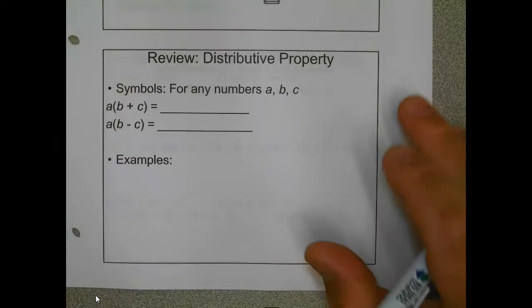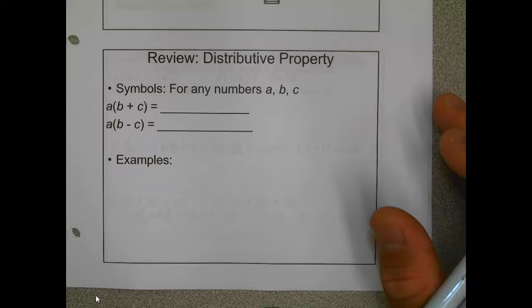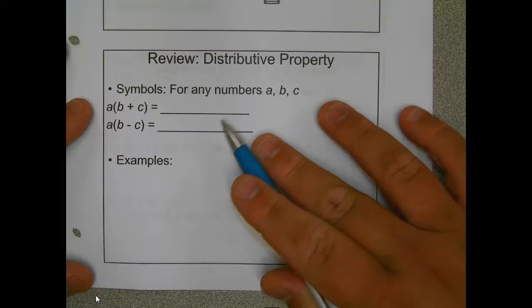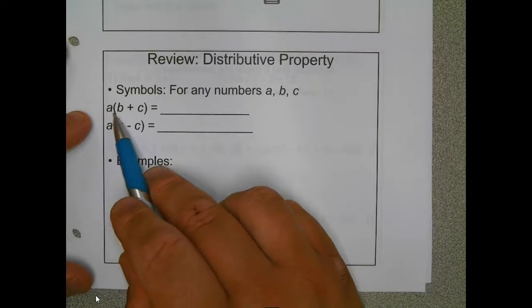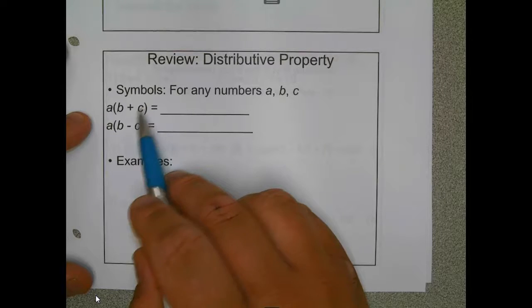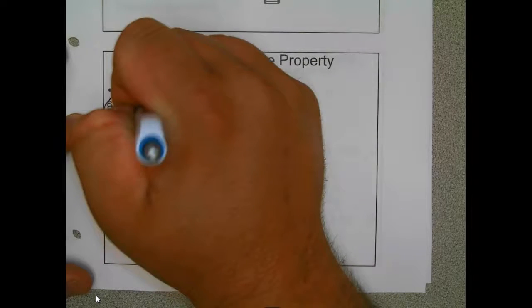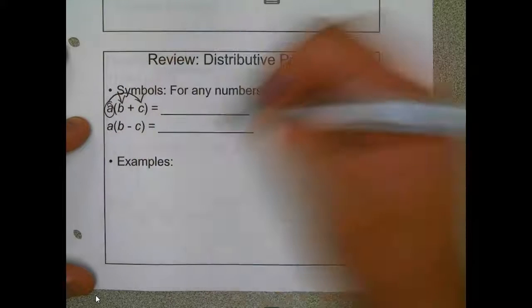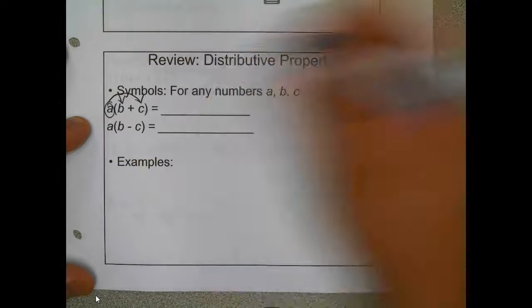One of the things that I want to review with you is the distributive property. Hopefully you've seen it before, but as a review, for any numbers a, b, and c, if you have a number outside of parentheses, and two numbers or symbols inside the parentheses, whatever's outside can be distributed to every term inside. I call this the rainbow method, where I make sure I touch all the parts inside.